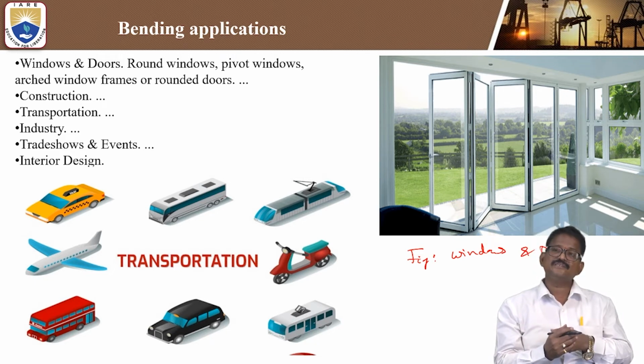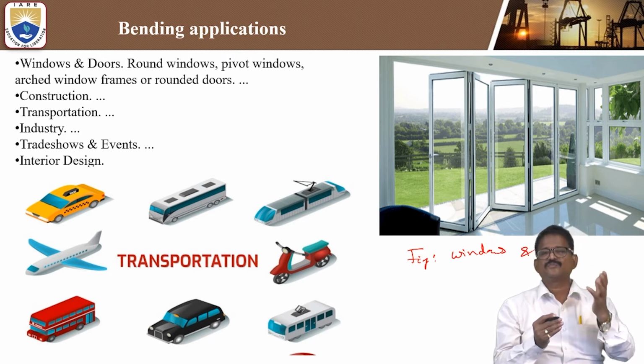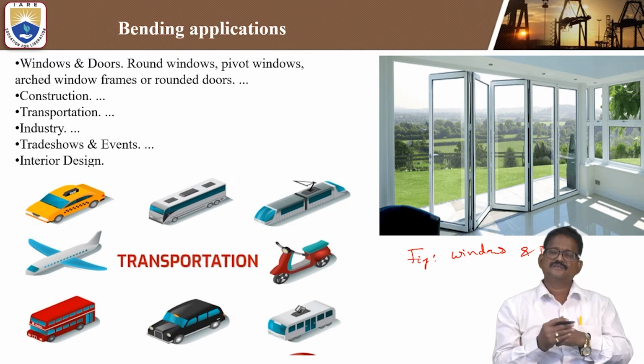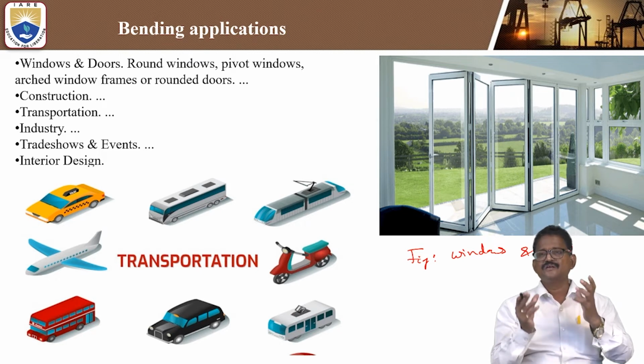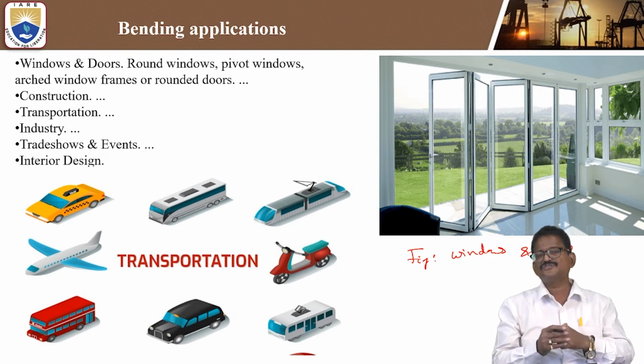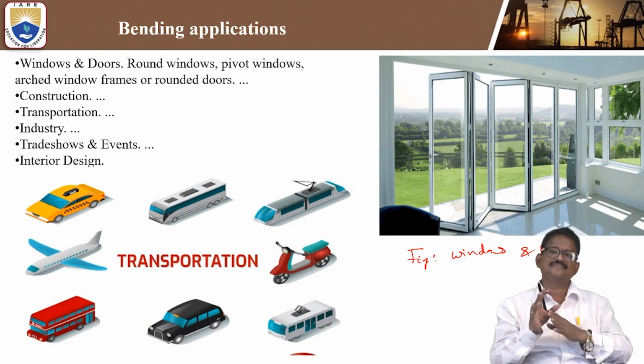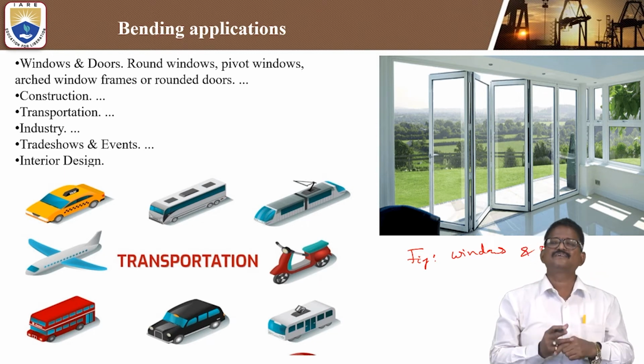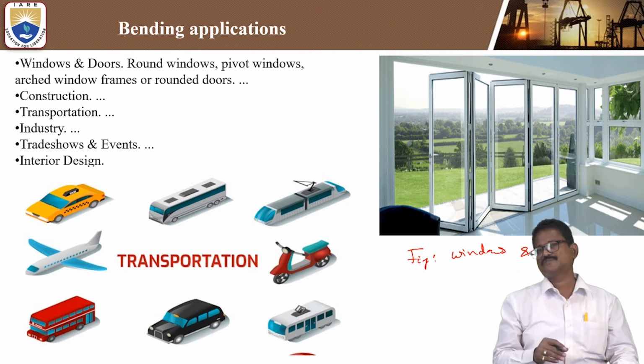Especially you can see in abroad, like Malaysia and USA and other countries, what will happen? Even the windows and doors are totally made of plastic. They don't use sheet metal either. Ready-made plastic, like fiber reinforced plastic, can be used.